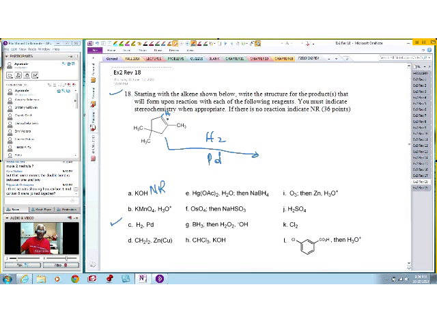Once again, you need to know what this reagent does. It will add two hydrogen atoms across the carbon-carbon double bond. So therefore, you get this. And this is a cis addition. The metal is here, and this one is here.